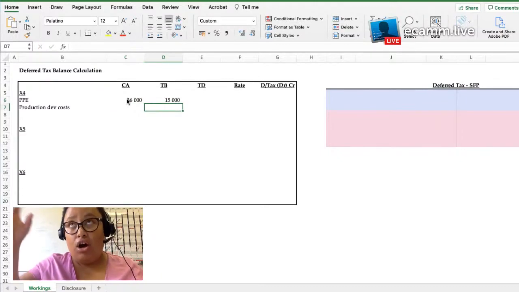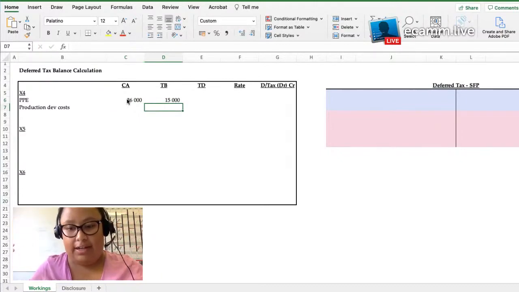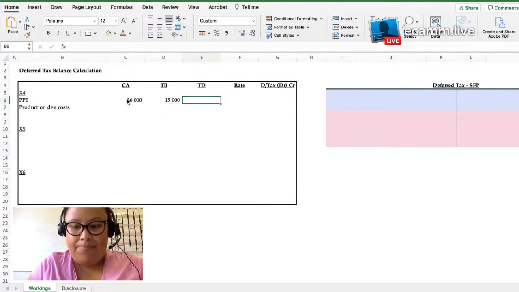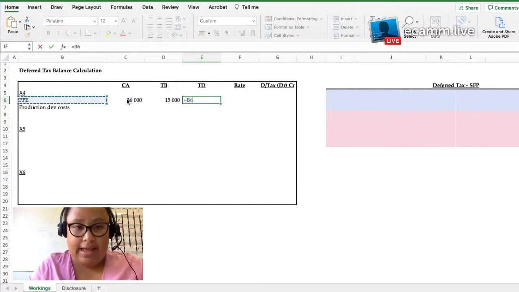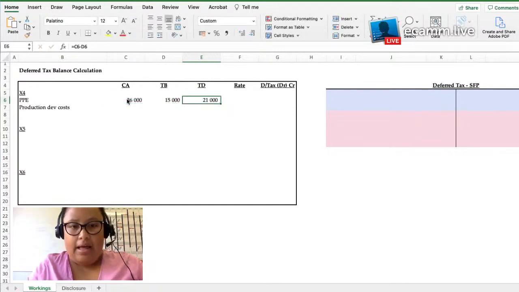Now these numbers are coming from the whole table where they've done the calculation. Okay, don't get too confused on that table because, like I said, it does deal with the revaluation. Just go with me for now that this is the carrying amount and this is the tax base. Okay, so the temporary difference is that minus that. Okay, so there's a 21,000 temporary difference.